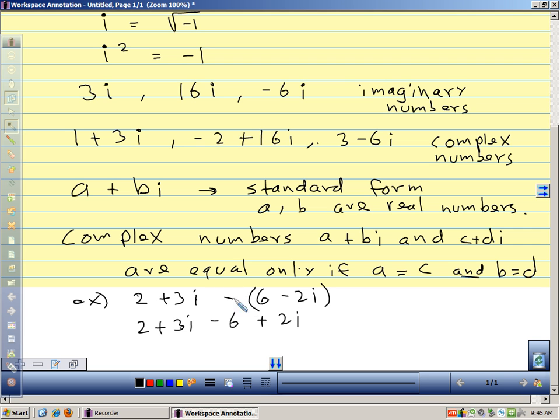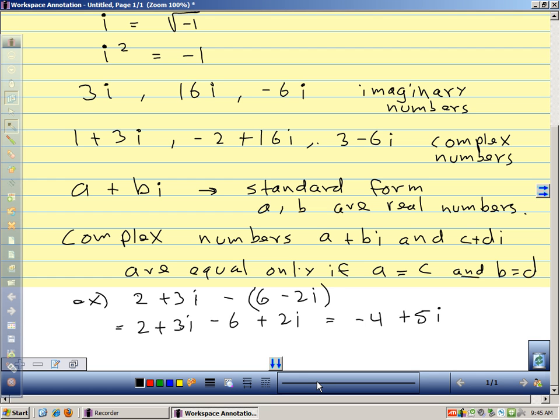I'm just distributing this negative. And we get negative 4 plus 5i. So I'm just keeping the real parts together and keeping the imaginary parts together. That's how we add or subtract.